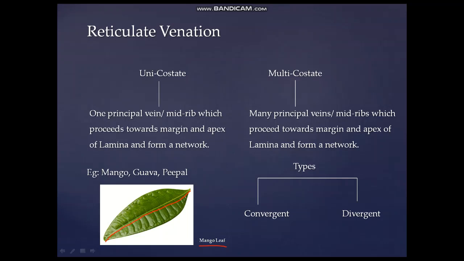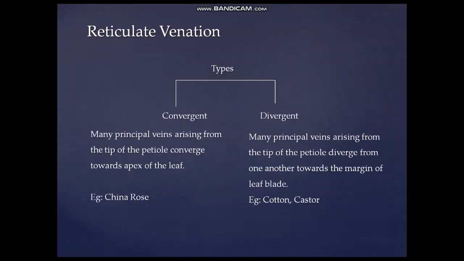Now, in case of multicostate, multi means many. Many principal veins proceed towards the margin and apex of lamina and form a network. They are of two types, divergent and convergent. In case of convergent, many principal veins arising from the tip of the petiole converge towards the apex of the leaf. In case of divergent, many principal veins arising from the tip of the petiole diverge from one another towards the margin of the leaf blade.